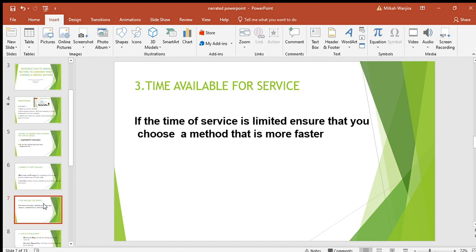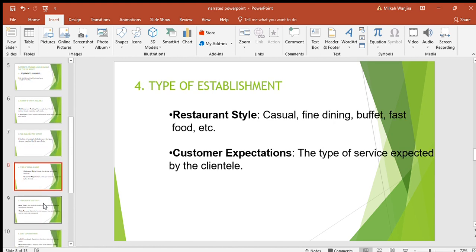Just as Diana has said, this is the time available for the service of the food. For instance, if you don't have enough time for the service, you would rather go for a faster service so that you don't keep the guests waiting and at the end frustrate them.